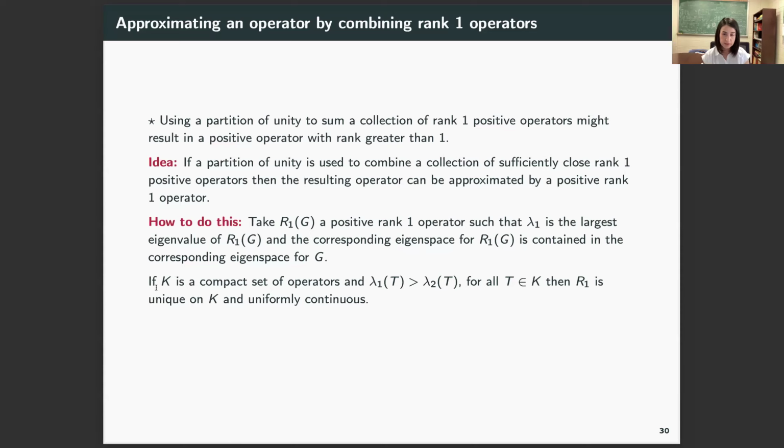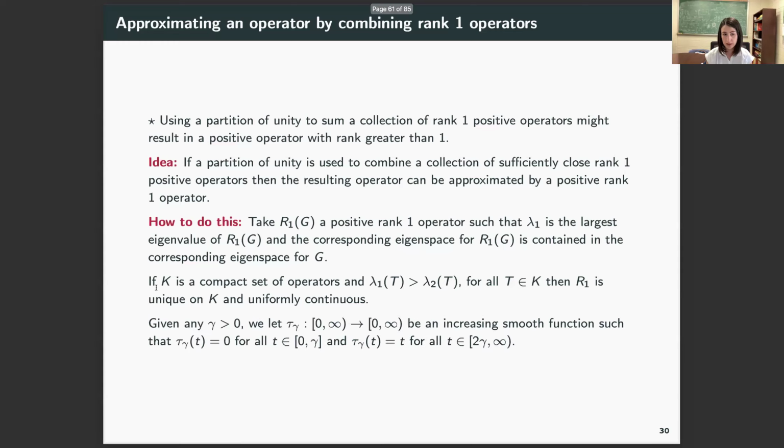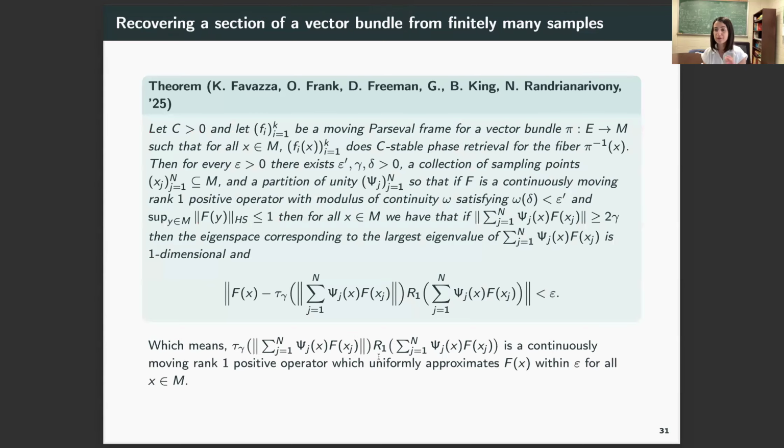Another piece of information is that I need another function here, tie of gamma, which is an increasing and smooth function, such that it gets the value of 0 for t in a certain interval, and it gets the value of t for t in another interval from 2 gamma to infinity.